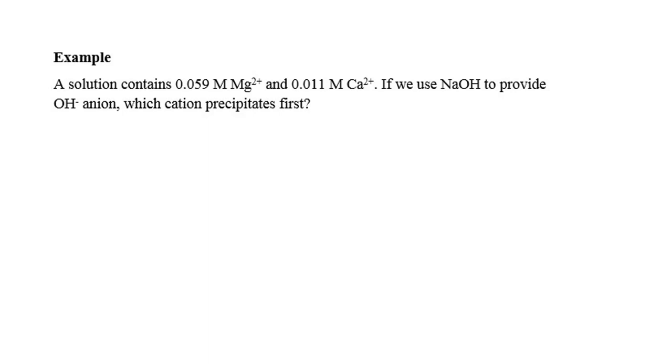We have a solution that is 0.0059 molar of magnesium and 0.011 molar of calcium. So if we use sodium hydroxide to provide the OH ion, which cation will precipitate first?